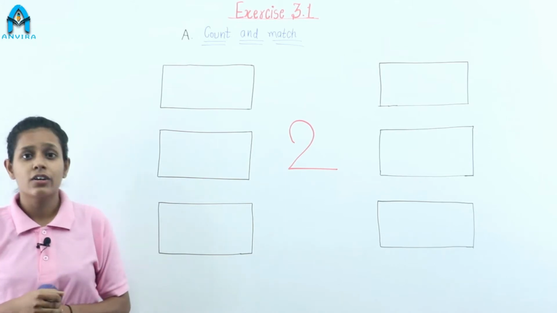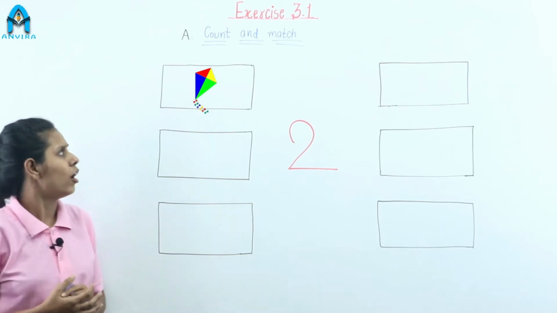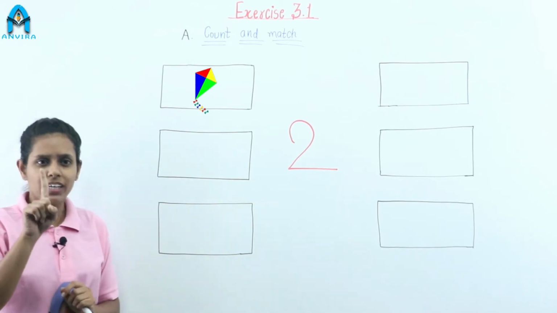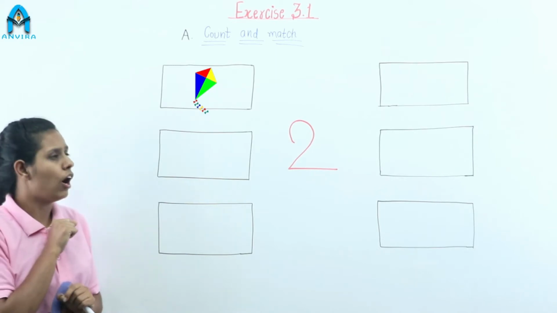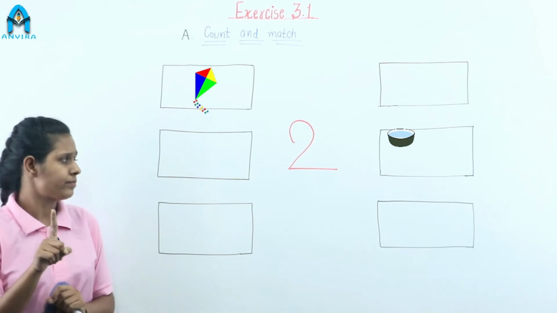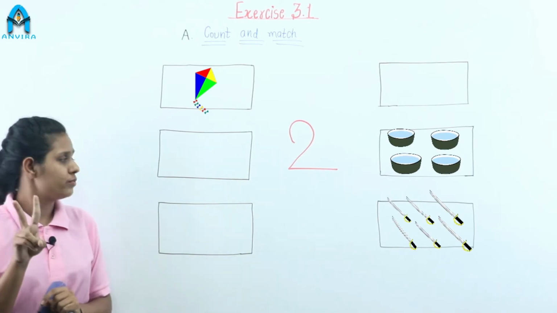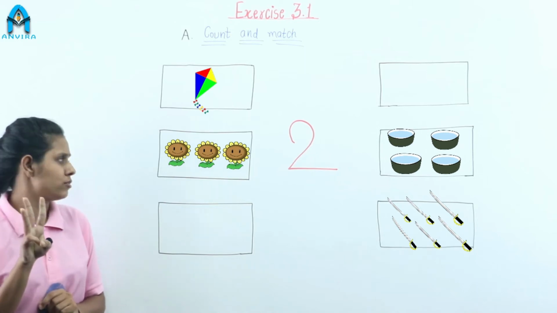What is this? First, we find a kite. How many kites? 1. Next, sunflowers. How many sunflowers? Let's count. 1, 2, 3. 3 sunflowers. Can we match?